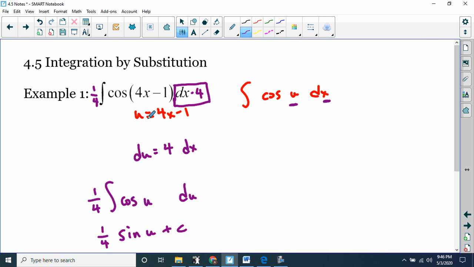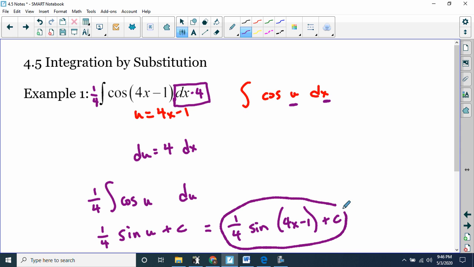We introduced u, so our final answer should have x's in it. So plug 4x minus 1 back in for that u. 1/4 sine of 4x minus 1 plus c. Hopefully that made a little bit of sense. If not, let's try another.